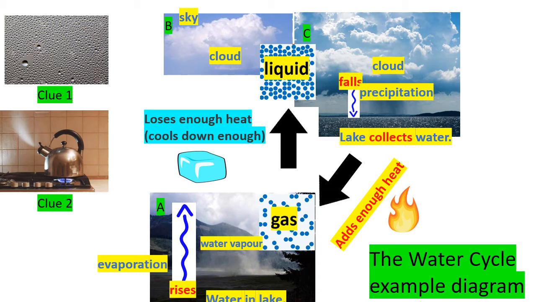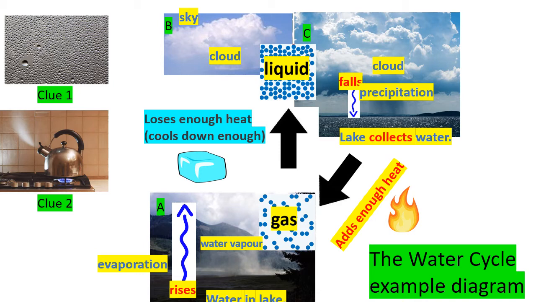When the water droplets from the cloud get heavy enough, gravity pulls them down and they fall as precipitation. So one kind of precipitation is rain, and the rain goes back to the lake or the ocean, and then when it gets hot enough, it turns back to a gas.